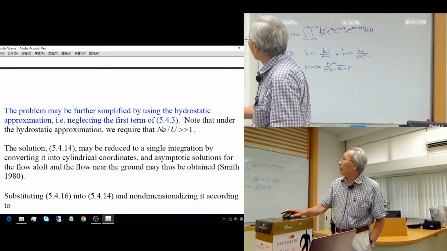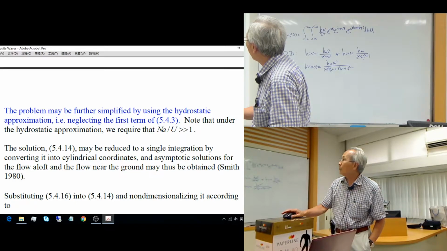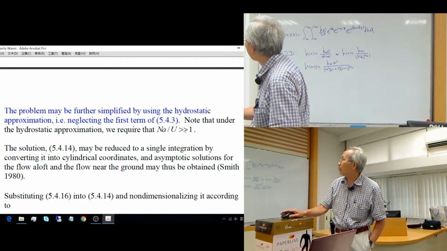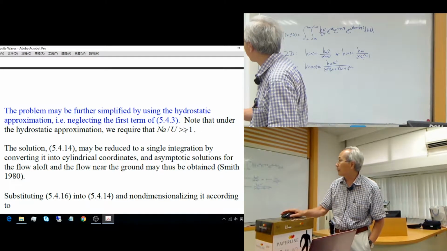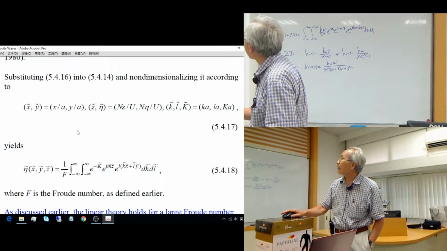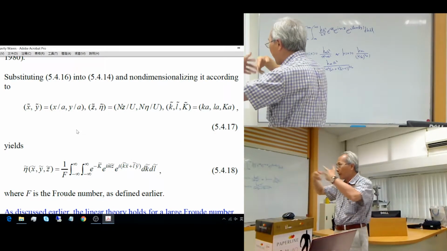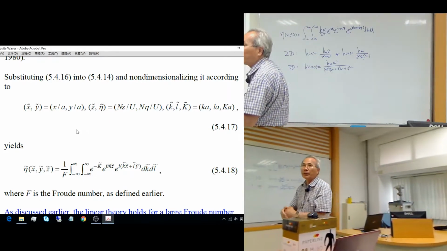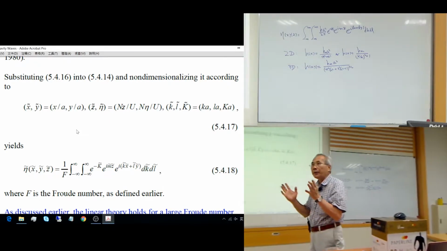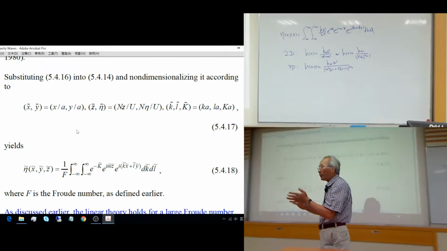For Ron Smith, he did an approximation under the isostate approximation, which requires NA over U much greater than 1, and then he can solve the solution. Then he did some non-dimensionalization, and that's normally what people do in a theoretical problem.